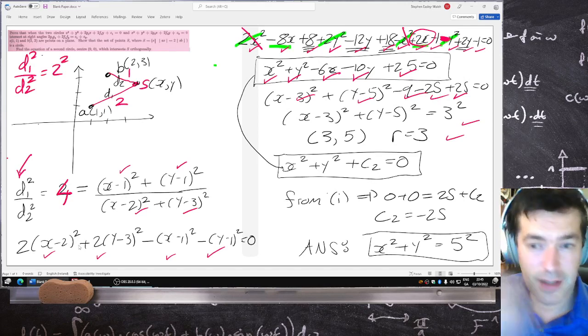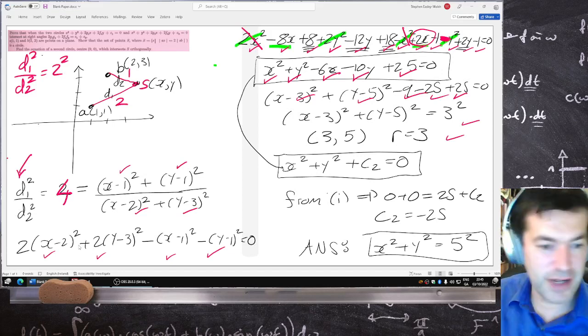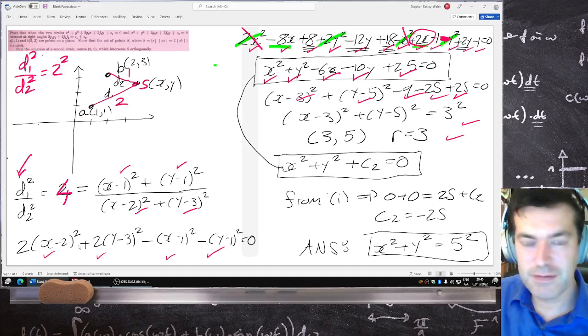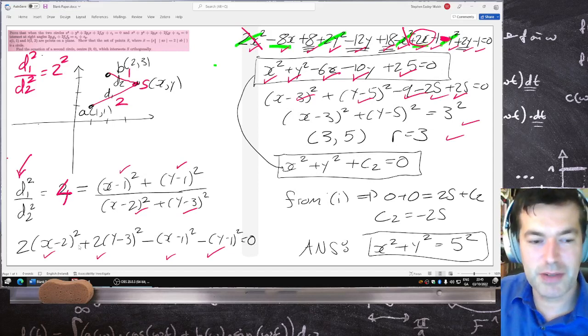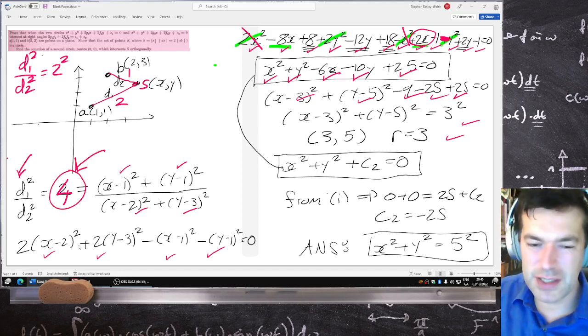So I thought I was being a smart guy by not having to worry about the square root. I was kind of being a smart guy, but it snapped back in my face. Here, that's the mistake. It should have been 4, which unfortunately messes things up quite a bit here.